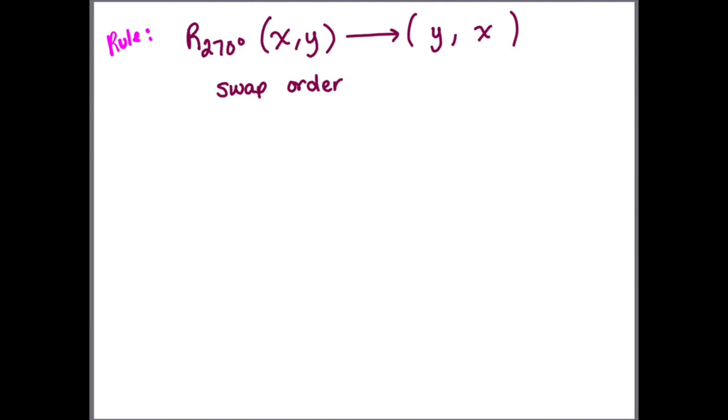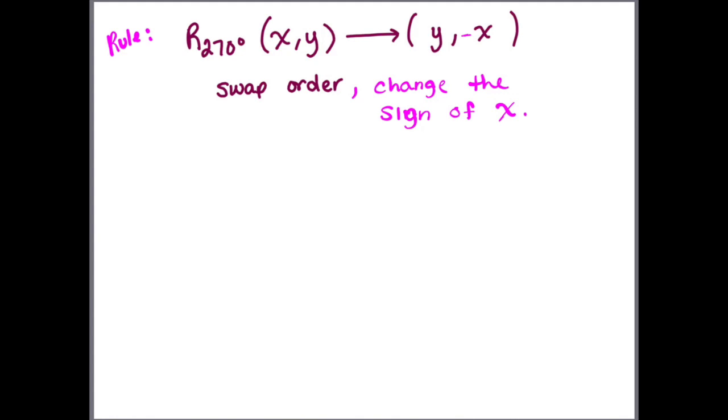Once I swap the order, what I must change is the x. So swap order, comma, change the sign of x, the x value. Okay, so we swap the order and we change our x.